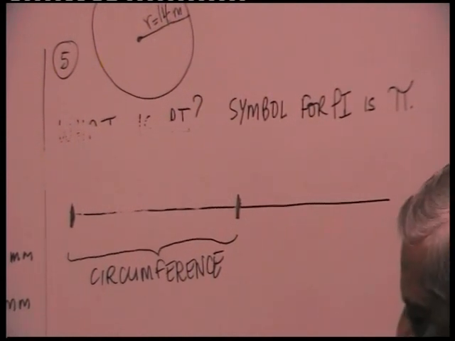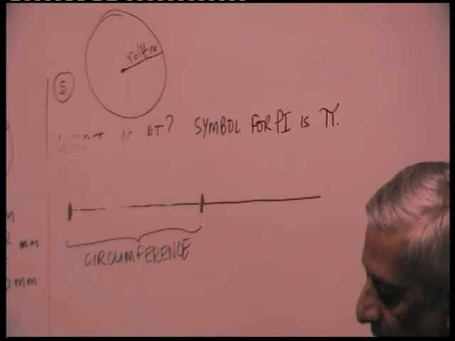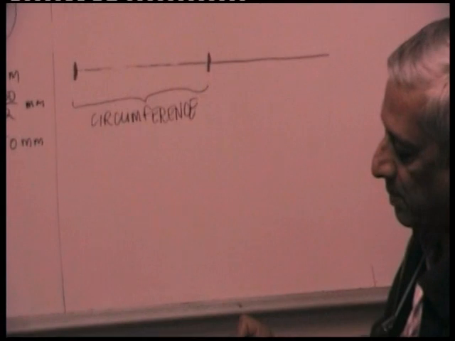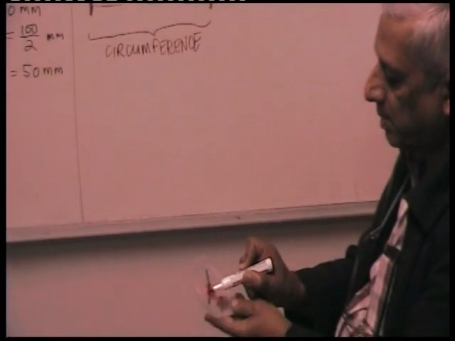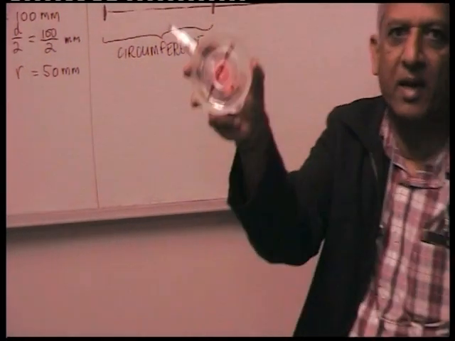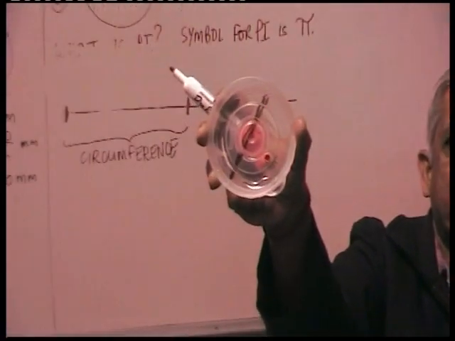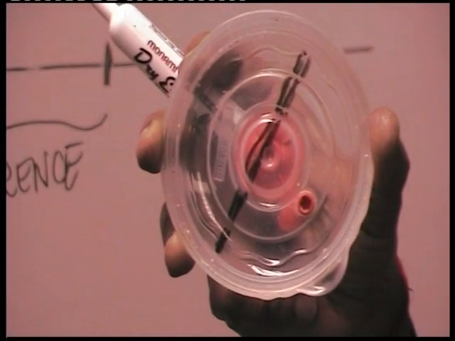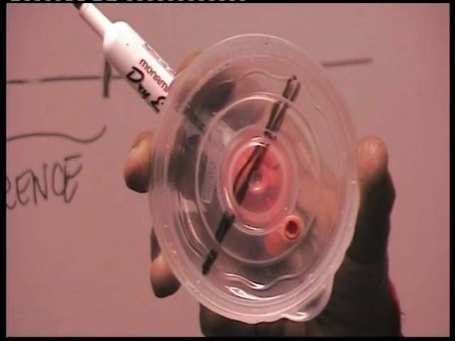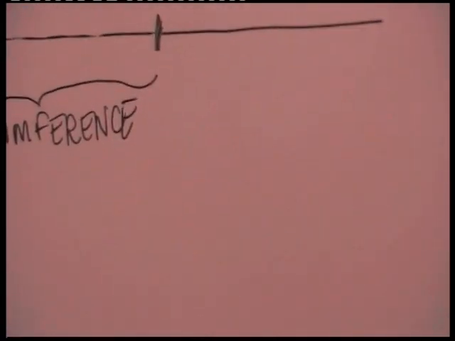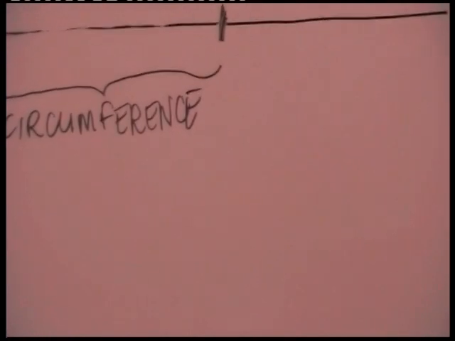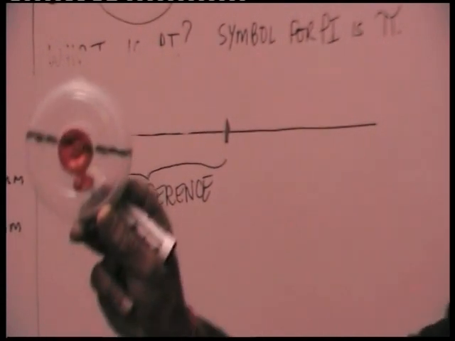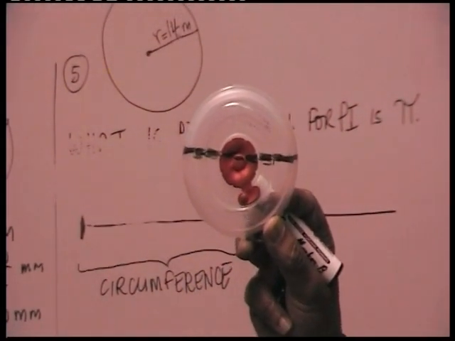Now, let's go back to this little circle. In the circle, I've drawn the diameter in black. All right? Now, if we do a comparison, there's the diameter of the circle.